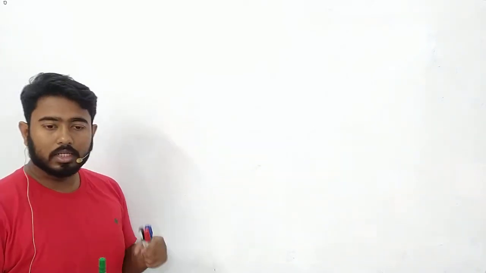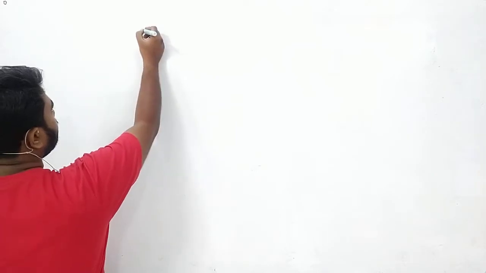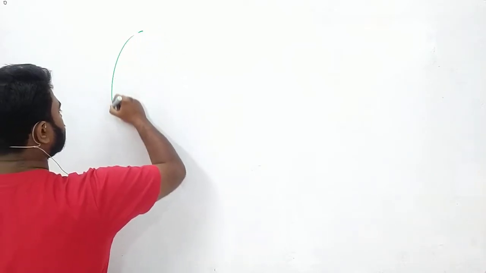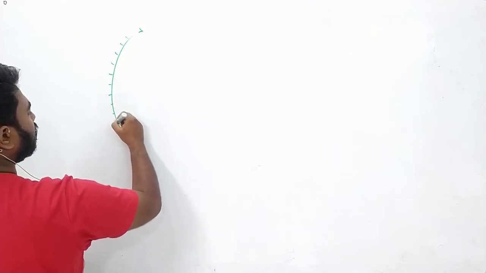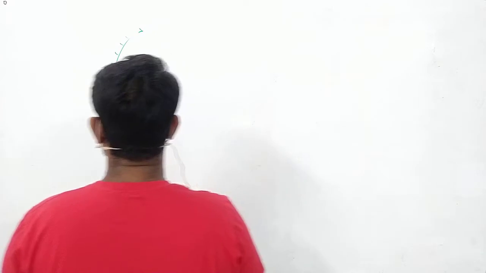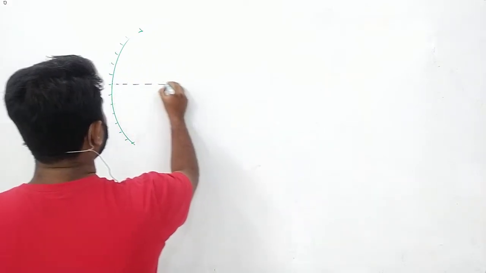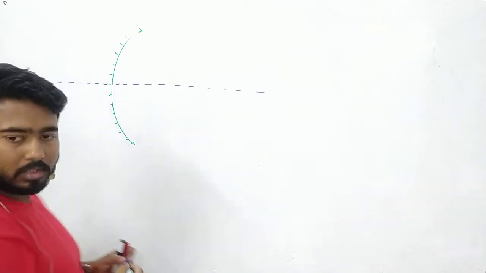Now, let us imagine a setup. What kind of setup? See. Suppose this is our concave mirror, and the line from the center of the mirror, this is the principal axis.